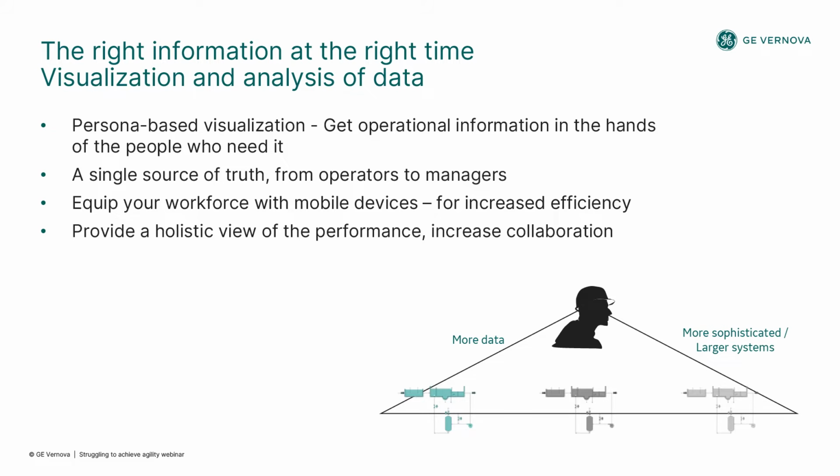So when we talk about visualization of that data, we want to provide that data to the right people. An operator needs to see what's happening on his machine right now in real time. A supervisor perhaps wants to look at what's been happening over the shift, and what trends he can identify and address as he's going about his business that day and driving the orders through the system.